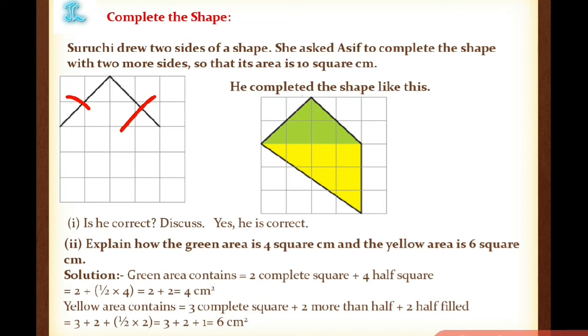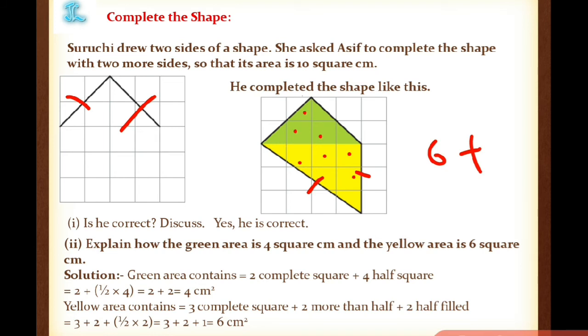First one is that. Okay. Now he has taken these two extra sides. Now how will we calculate the area? What I said, we will calculate the full squares first: 1, 2, 3, 4, 5. This is not full, 6. So we got 6, plus now this is exact half.